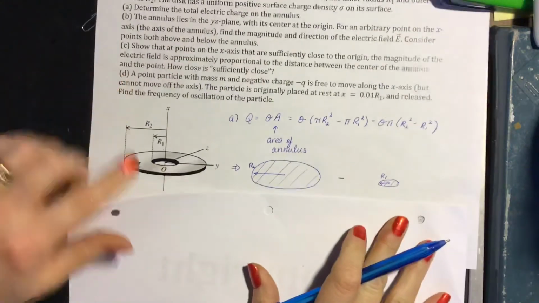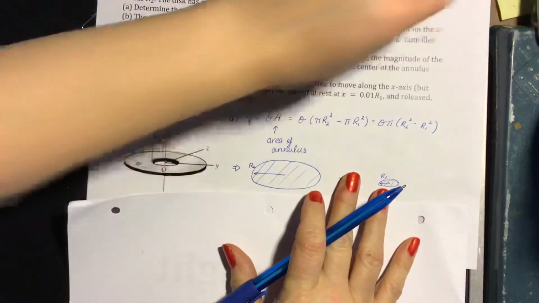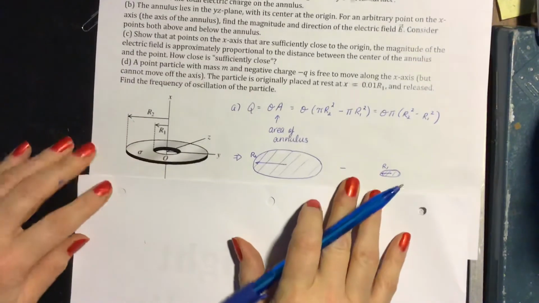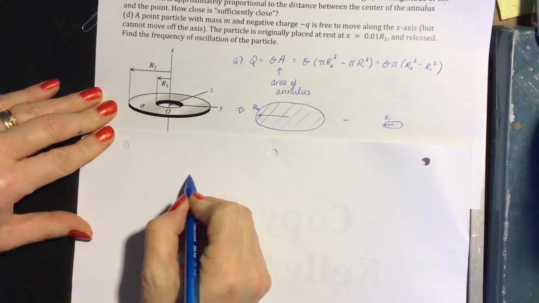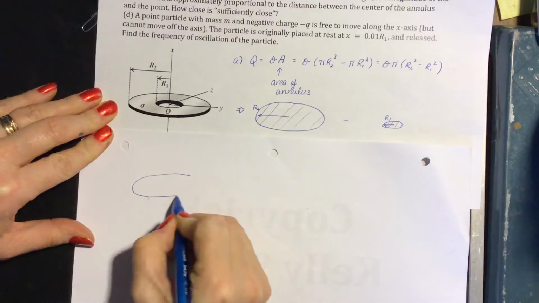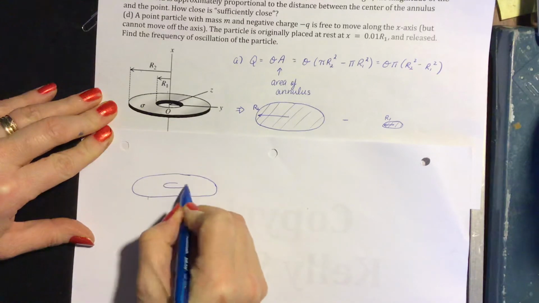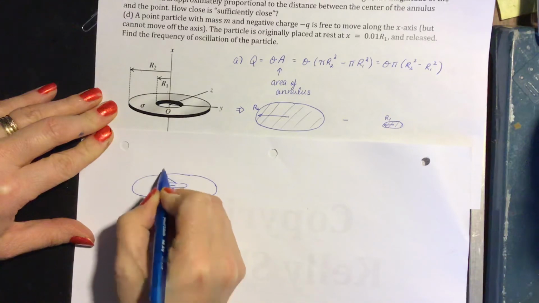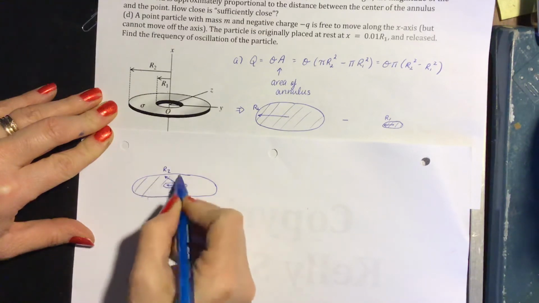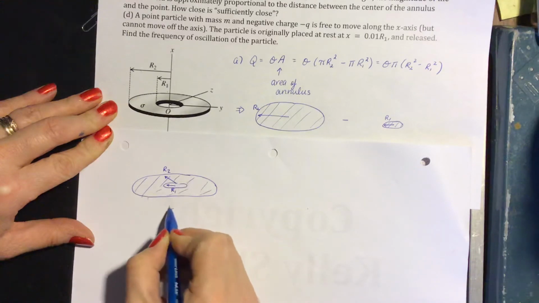And we're going to use this idea again. So we know about the electric field of a disk. Let's ask, what are we going to do with our annulus? We want the electric field of this object. So there's R1, here's R2, here's the solid part right here. We want this electric field.